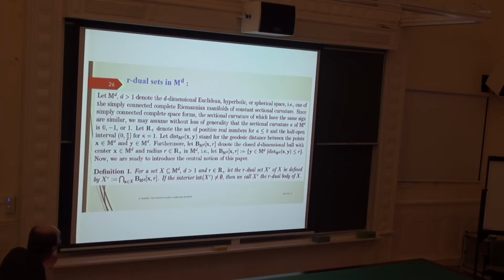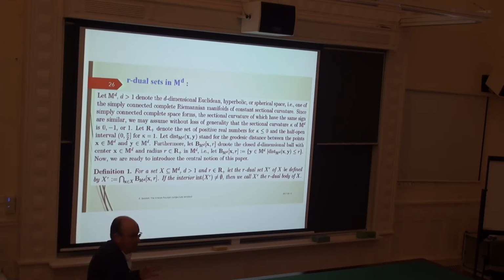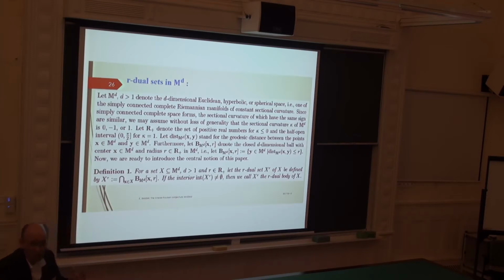Okay? So we will take a set X in our d-dimensional space of constant curvature and choose a radius. If it is Euclidean or hyperbolic, there is no restriction on small r. It can be any positive real number. If it is spherical, then small r cannot be larger than pi over 2. In this way, we know that the balls that we choose are convex sets.